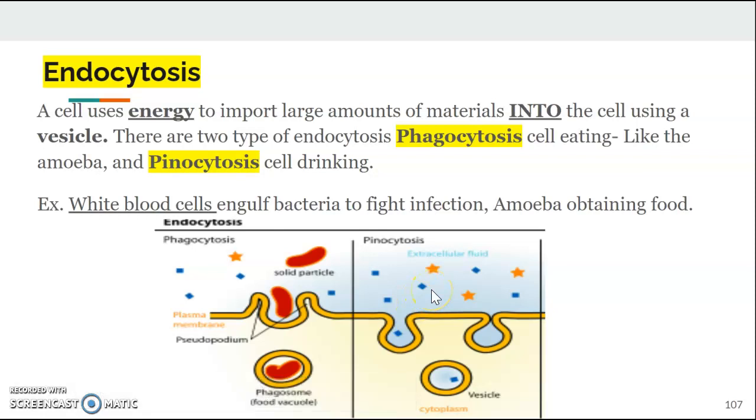So in both of these cases, the cell is importing material to the inside of it, all right, and forming a vesicle. So from outside to inside. Endo means into.